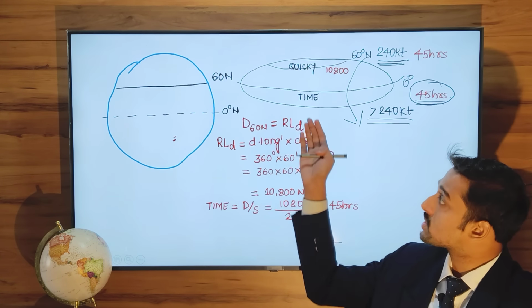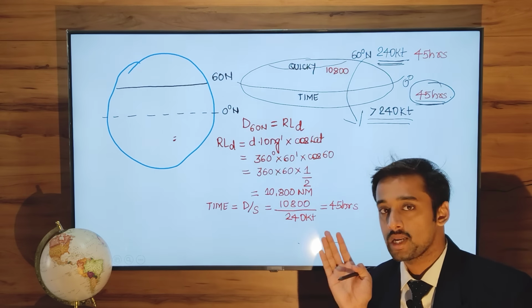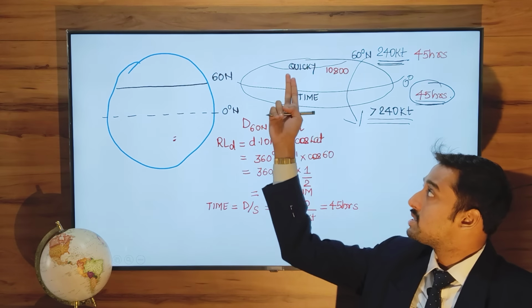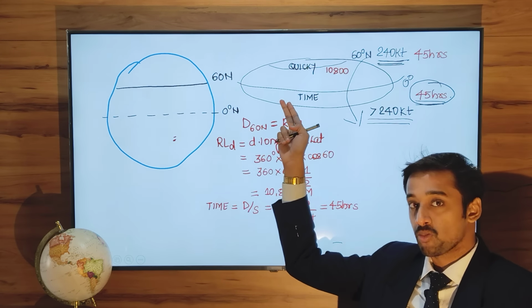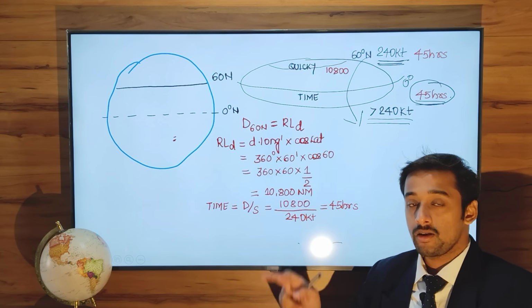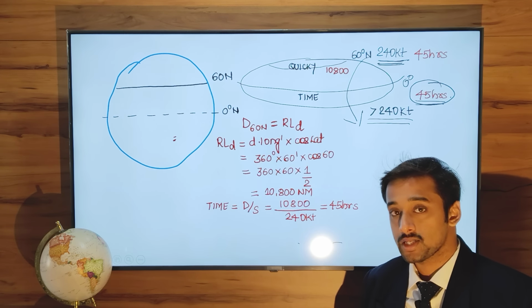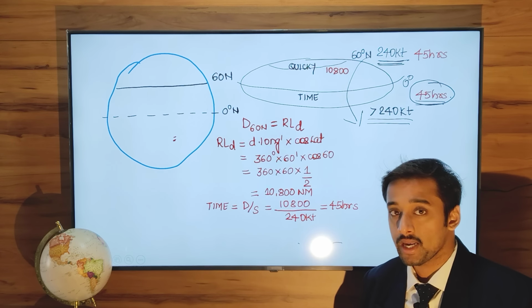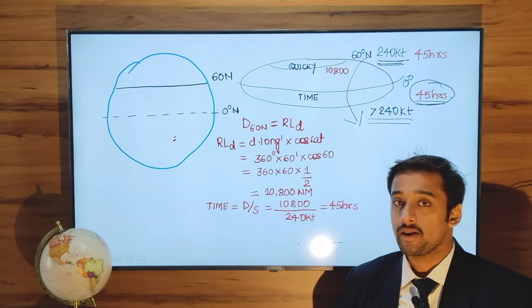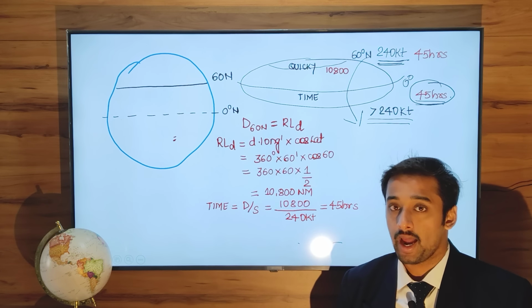So first we understood this basic speed, distance, time concept. Here the distance was less, here the distance is more, and the time available to the pilot to cover 360-degree angular distance at both latitudes is the same. So the speed at one latitude will be different than the speed at another.